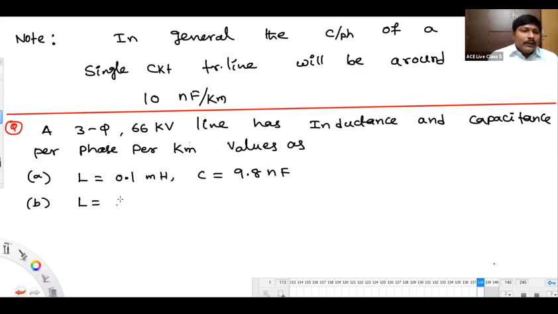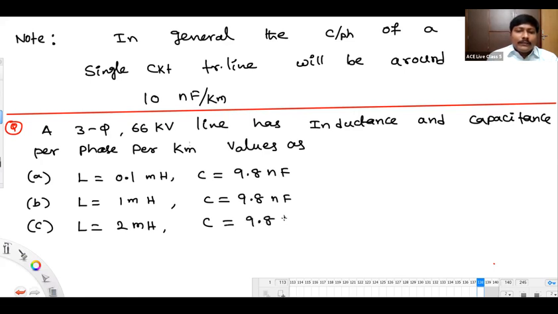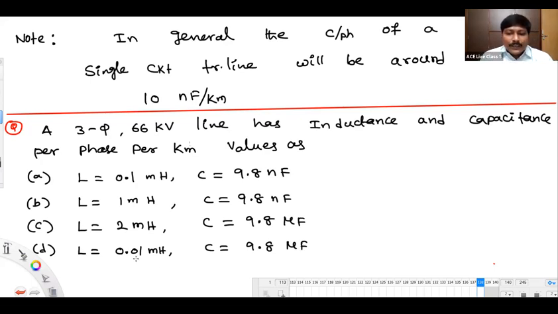Option B: L 1 millihenry, C 9.8 nanofarads. Option C: L 2 millihenries, C 9.8 microfarads. Option D: L 0.01 millihenries, C 9.8 microfarads. Which will be the suitable option?